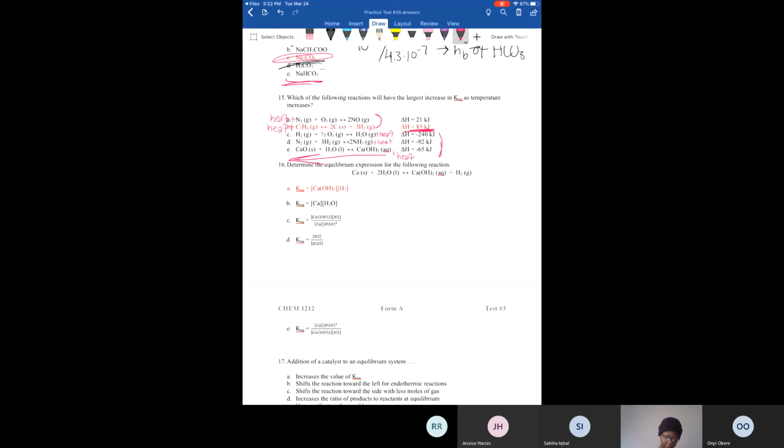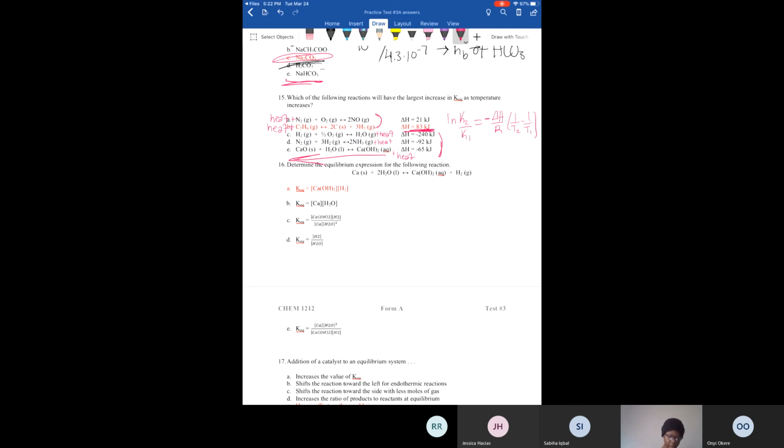I think the formula is natural log K2 over K1 equals negative change. It's either activation energy, it changes, but it's similar. 1 over T2 over T1. If you were to manipulate the equation, you could also see that. I'm pretty sure you're going to get this equation.